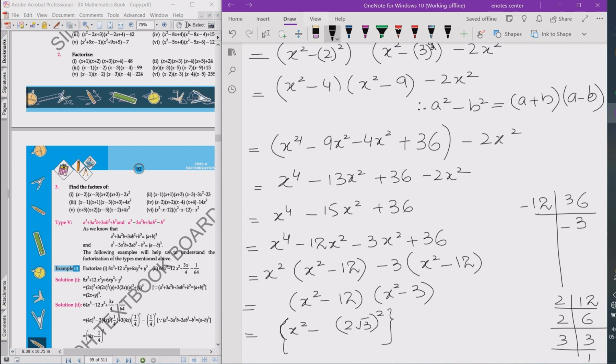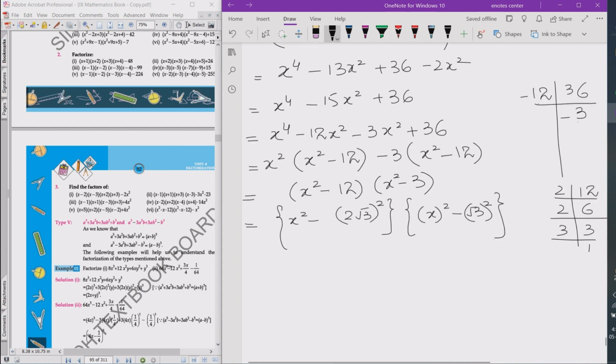We want to apply the a square minus b square formula here. So we will write 2 multiplied by root 3 and whole square. Now again we have this term, so we will put root 3 whole square. This is again the method to solve the factors of this term.